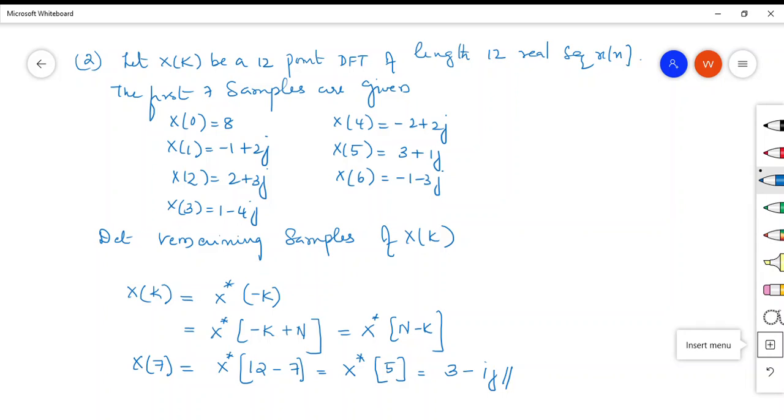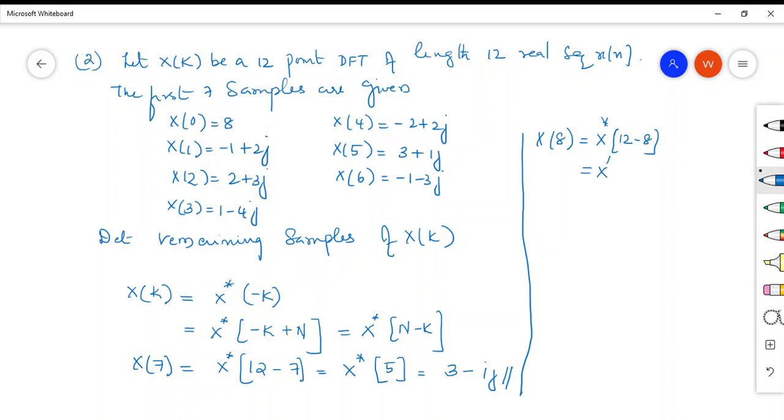So like this you can find the value of X[8]. It will be equal to X conjugate of [12 - 8], so it is X conjugate of 4. The answer will be the conjugate of X[4], that is -2 - 2j.